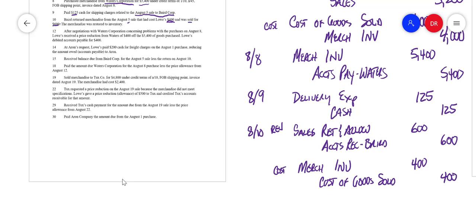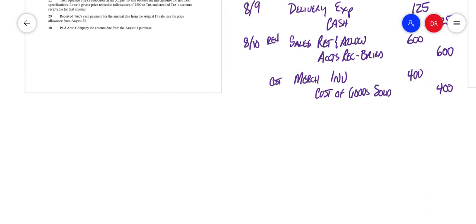So that's the 10th. Then on the 12th, we say, well, after negotiations with Waters Corporation concerning problems with the purchases on August the 8th, we received a price reduction from Waters of $400 off of the $5,400 of goods purchased. Lowe's debited accounts payable for $400. So that tells us what we're going to do right there.